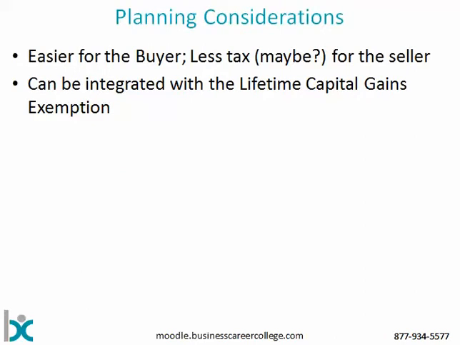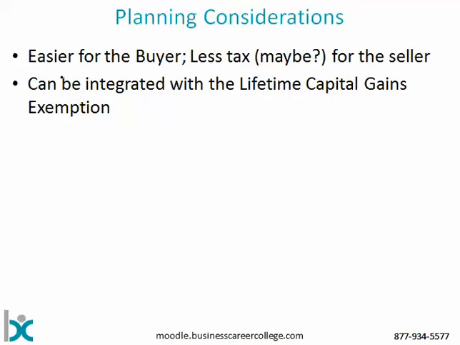So what does this mean? Well, for our purposes, the reserve we're going to look at is the capital gains reserve. And this is used on the sale of a business. So the idea here is you're selling a business, or you're buying a business. Both positions are actually made easier by this.